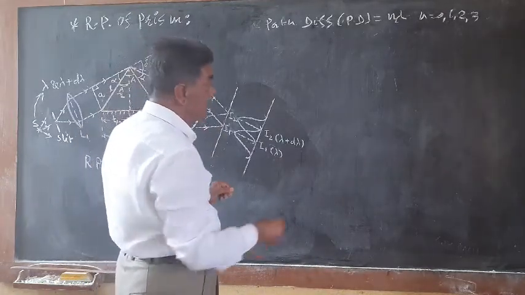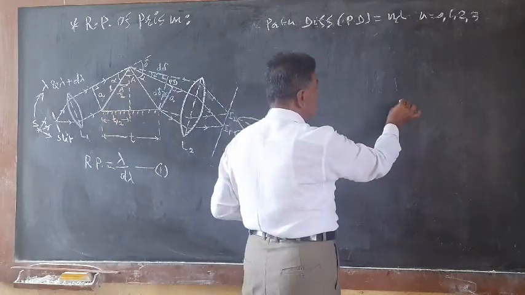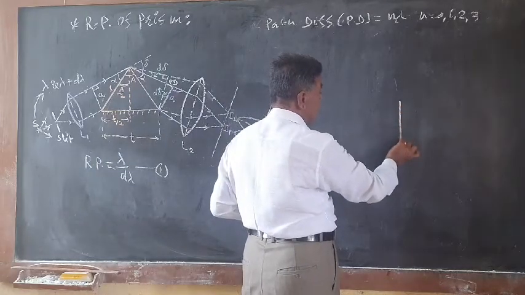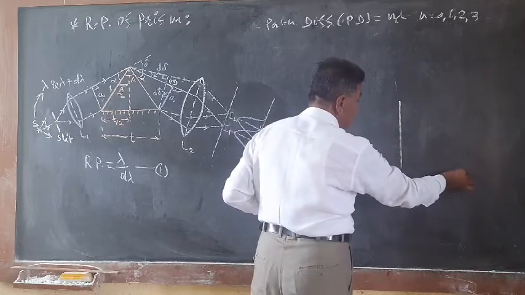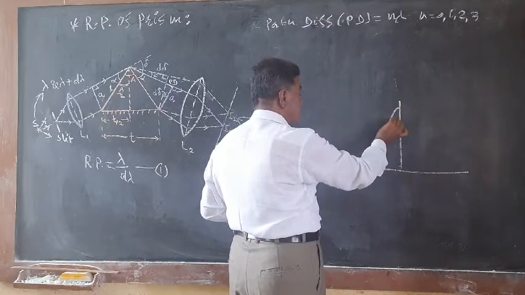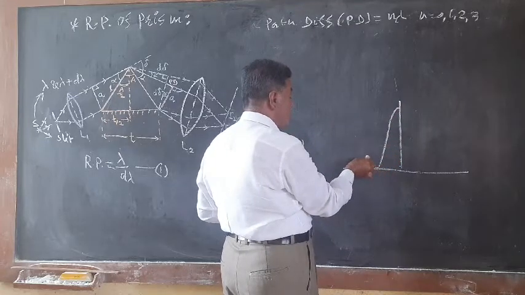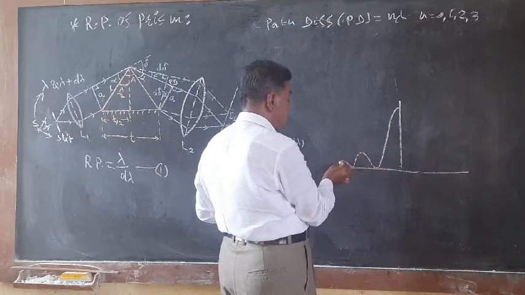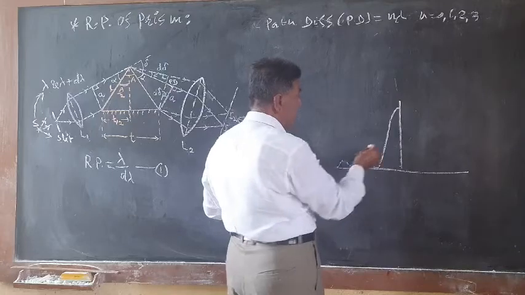Now, before going to that, suppose this is the spectral line and its diffraction pattern. We get the principal maximum followed by secondary maxima and minima, and the intensity goes on decreasing like this.